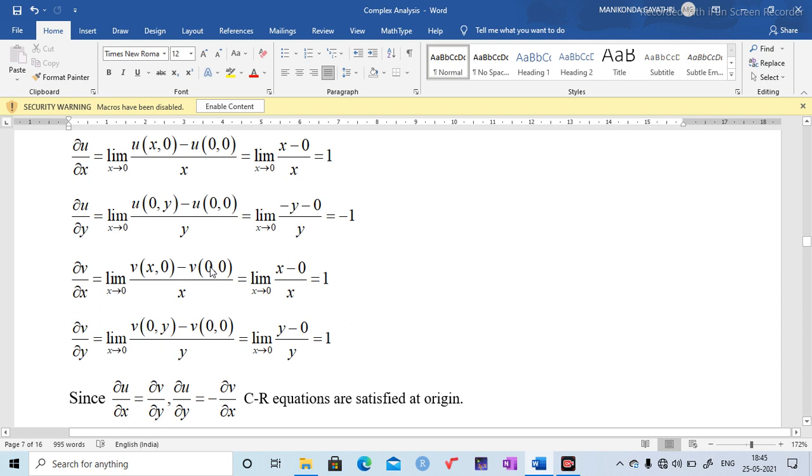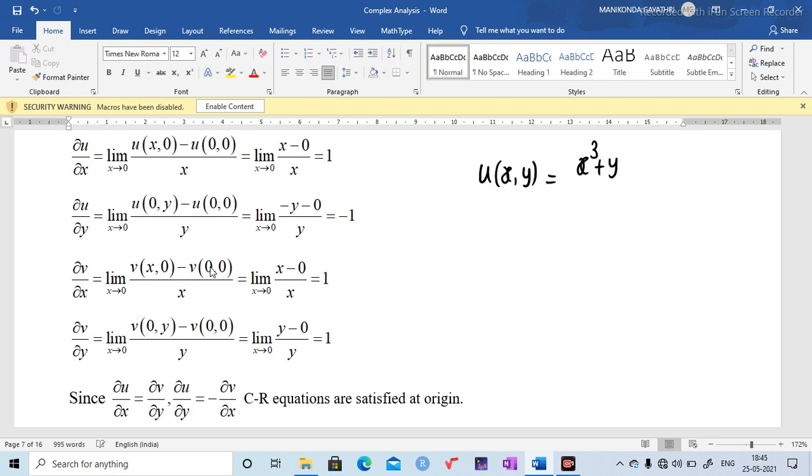So u of x comma y equals (x cubed plus y cubed) by (x square plus y square). So u of x comma 0 means y is 0, so x cubed by x square. X cubed and x square get cancelled, then you get x. So u of x comma 0 is x minus u of 0 0.